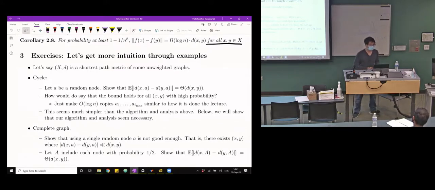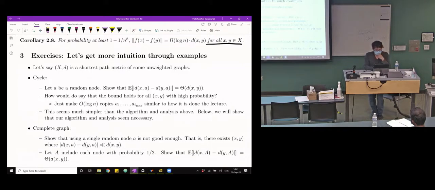Can we just sample one random point and define the mapping of x to be the distance to that random point? Would that work or not?